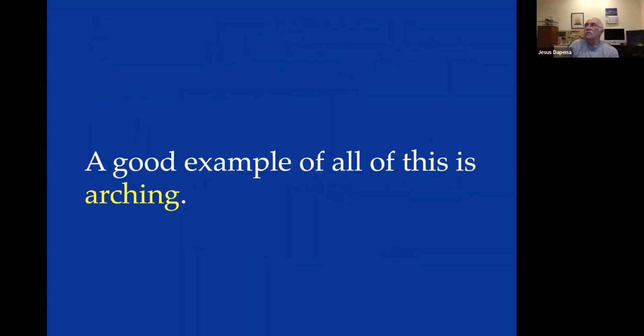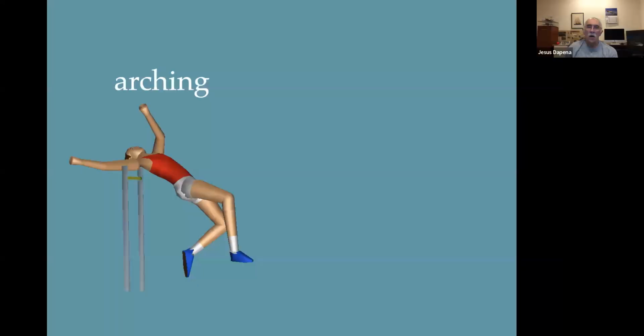And a good example of this is arching. So let's look at arching a little bit. Here we have a high jumper with the shoulders reaching the bar. Now, if this athlete translates the head downward and translates the legs downward, well, something is going to have to go up to compensate, and that will be the hips.